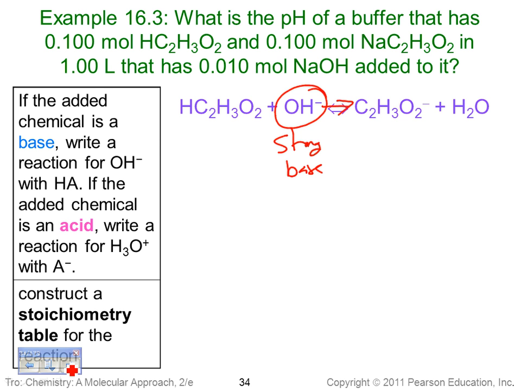Just like the equilibrium of a strong acid is a large K, the equilibrium of a strong base is a large K. It means it's all pushed to the product side. So I really shouldn't be using an equilibrium arrow here. I should be using an arrow that pushes to the right.